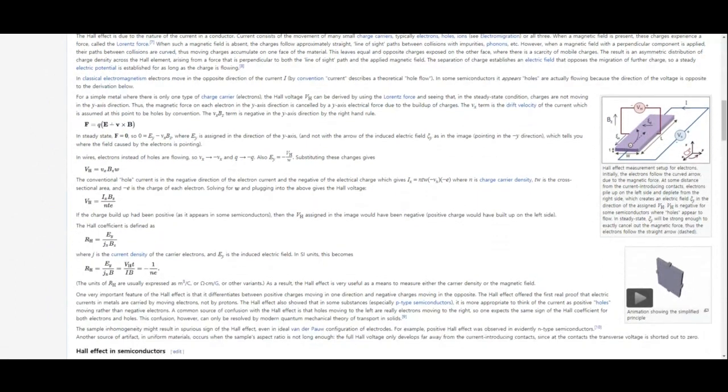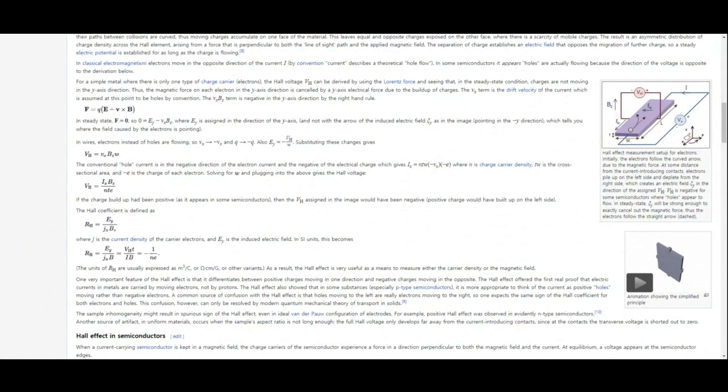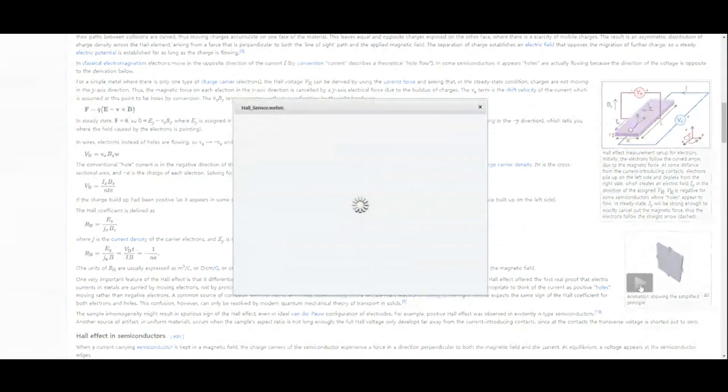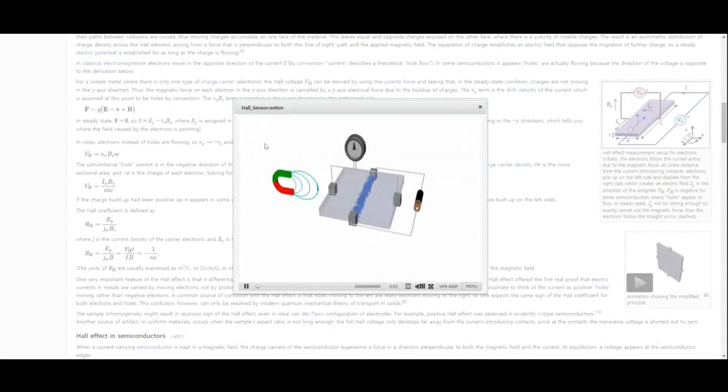There are the same equations. Maybe this is also good. Can you see this animation? Good.